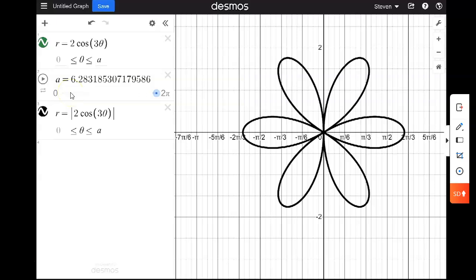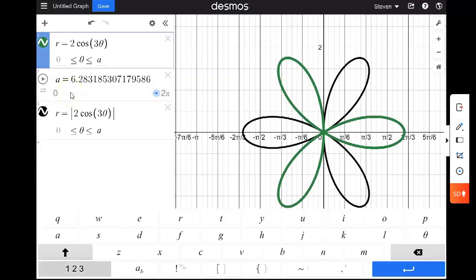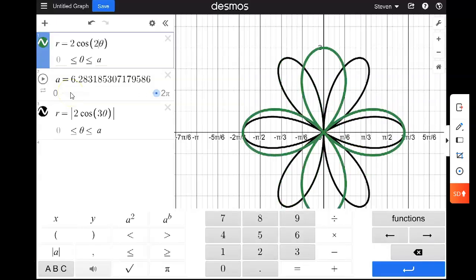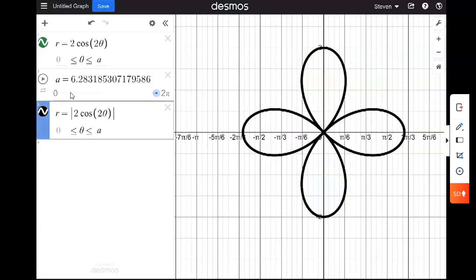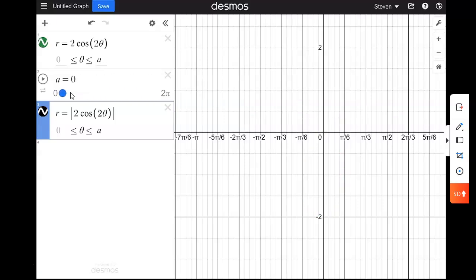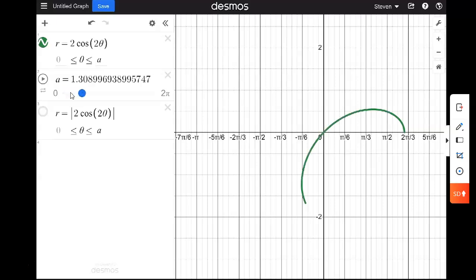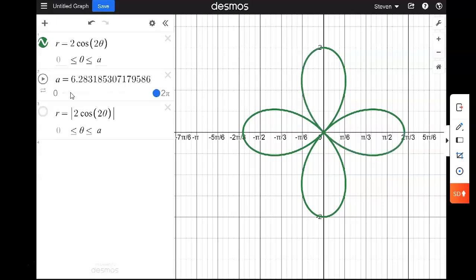And let me just do one more here with these. Let's make these 2 thetas here, so you can see how you get the 4-petaled rose. Let me just first graph it with the green graph. Right, there's your first petal. There's your 4-petaled rose.